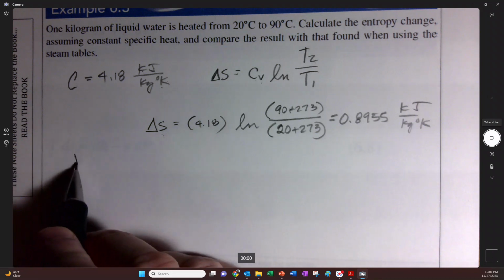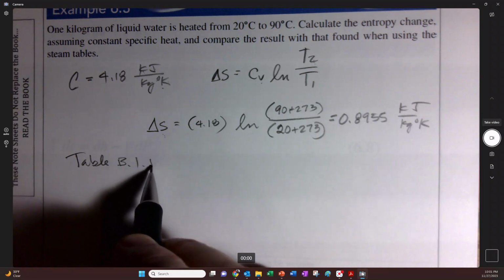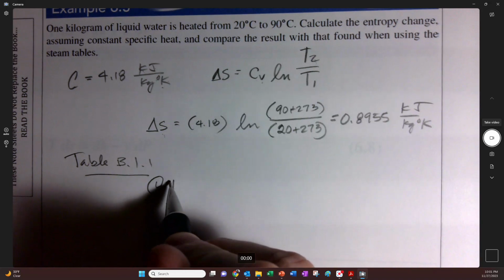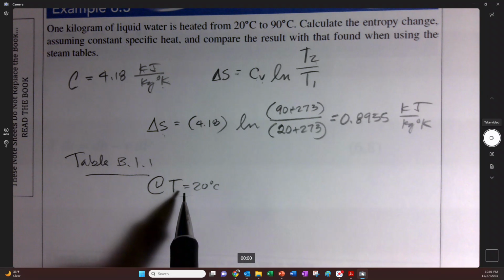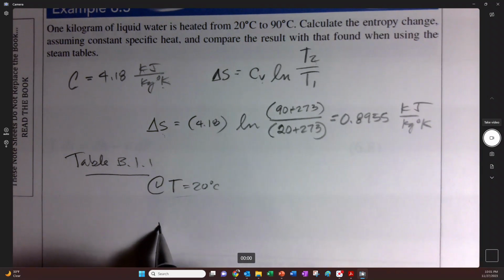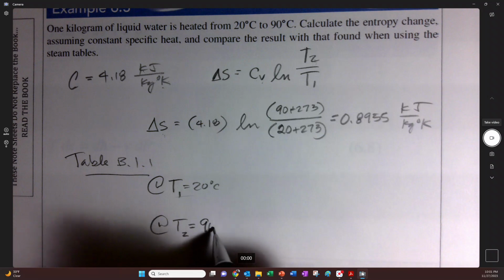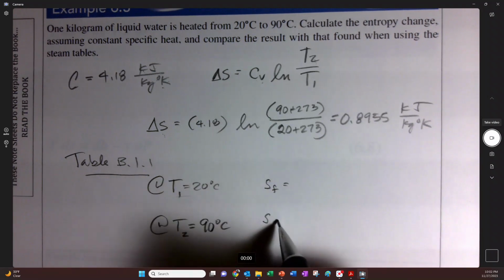So let's take a look at table B.1.1 and at the two temperatures. We'll go at T equals 20 degrees, and we'll find the fluid specific entropy. And then we'll also find it at 90 degrees Celsius, so this is 1 and this is 2. We will find the SF for each of these.